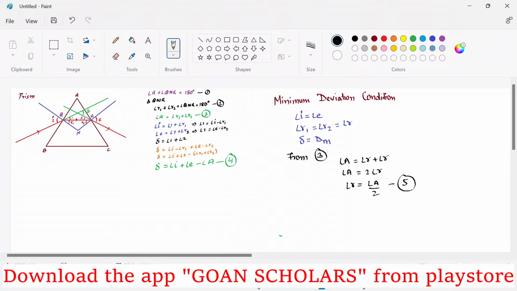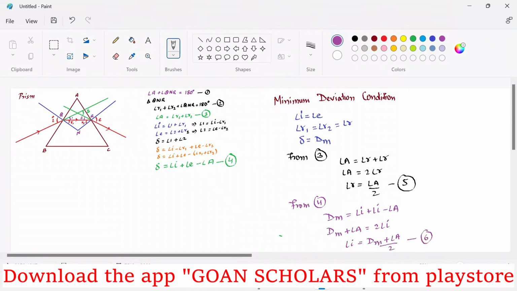And if I substitute this in our equation 4, delta will become delta m. I and E both are equal, so angle I plus angle I minus angle A. So I can write this as delta m plus angle A is equal to twice angle I, or we can write it as angle I is equal to (delta m plus angle A) whole divided by 2. This is our equation number 6.